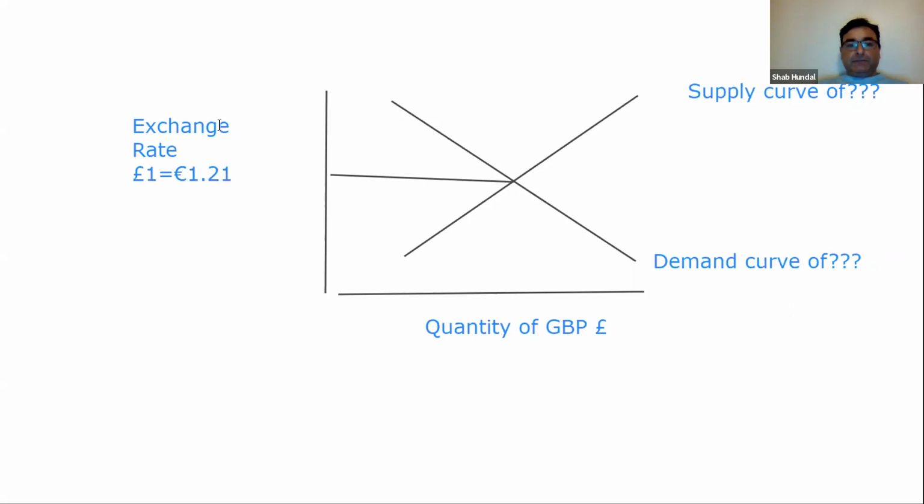If I have the price of bread here, what would be the demand curve and what would be the supply curve of? If you want to fix the price of bread, how is the price of bread fixed in a market economy? That's my question to you.